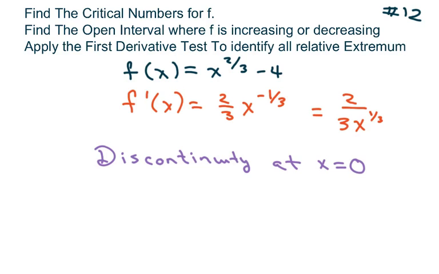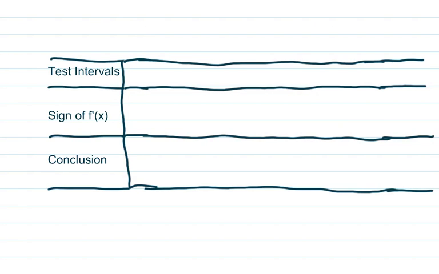And so that's the number I'm going to use for my test intervals for this one right here. So again, my test number, we're going to treat it like a critical number, would be x equals 0.